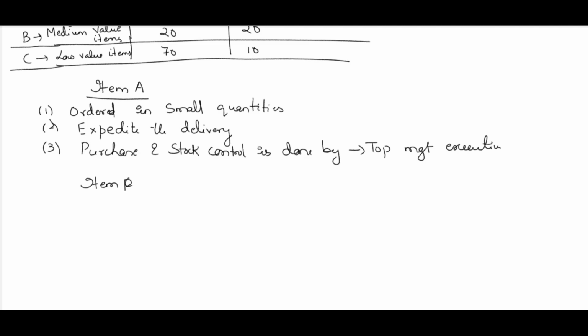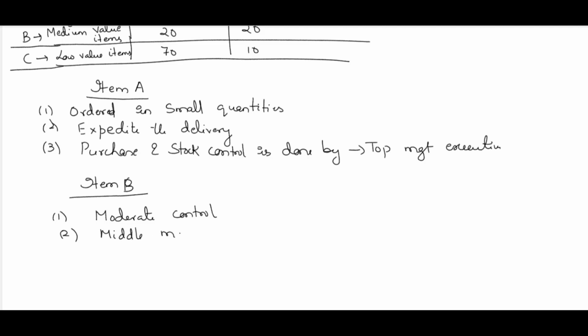Now I'll discuss the items under category B. These are less important items than item A, but more important than C items of the company. It accounts for about 20% of the total inventory items, as I have shown in the column, and it also accounts for about 20% of the total annual consumption value of the company.